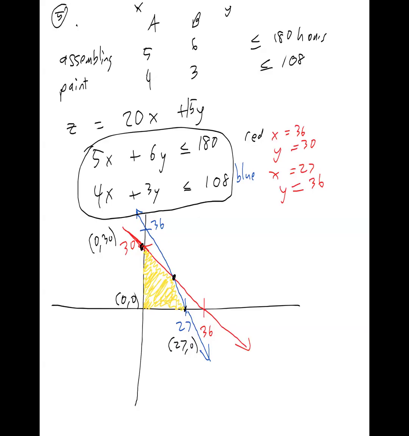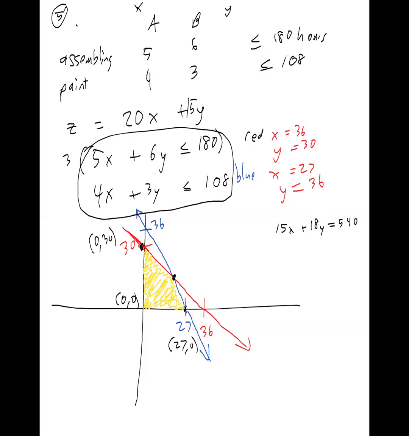So what's the common multiple of 3 and 6? It's 18. So if I take the top equation and multiply it by 3, I would get 15x plus 18y equals, wow, 3 times 54, so 540.